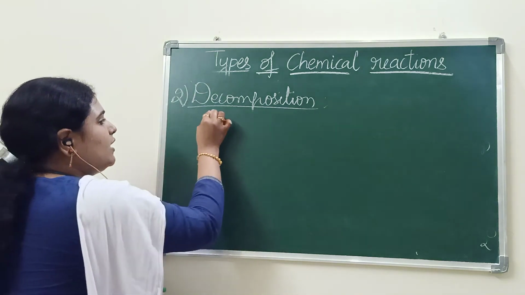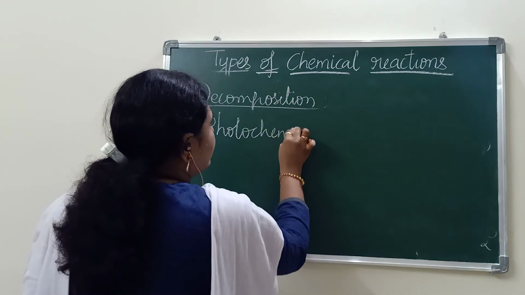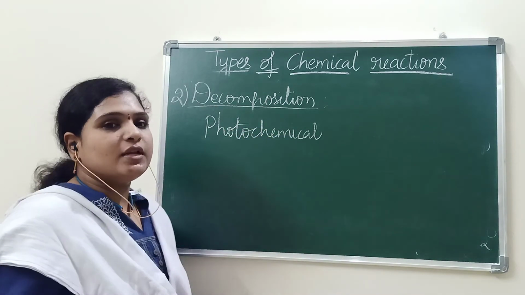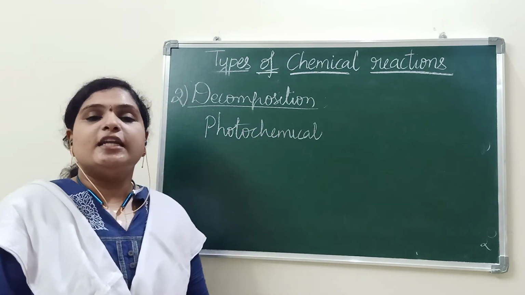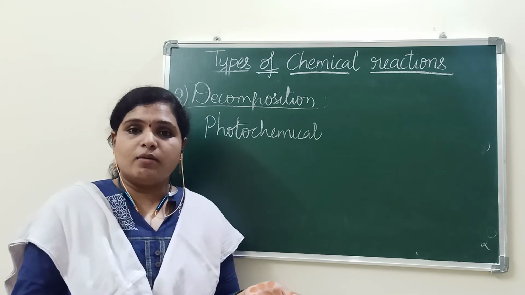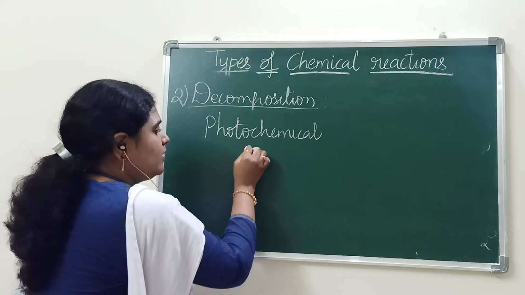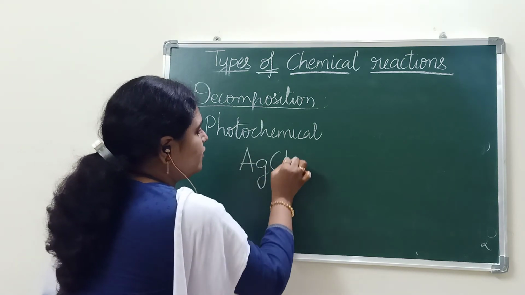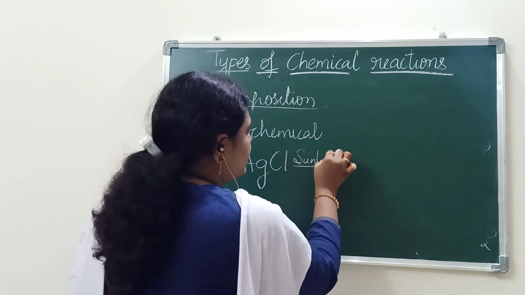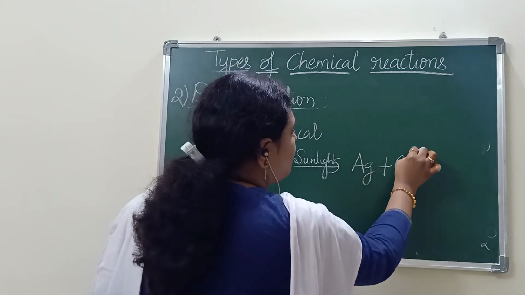So, photochemical decomposition. In the presence of sunlight, if the decomposition occurs, it is nothing but photochemical decomposition. You can take the example of silver chloride. In the presence of sunlight, it will release chlorine gas.